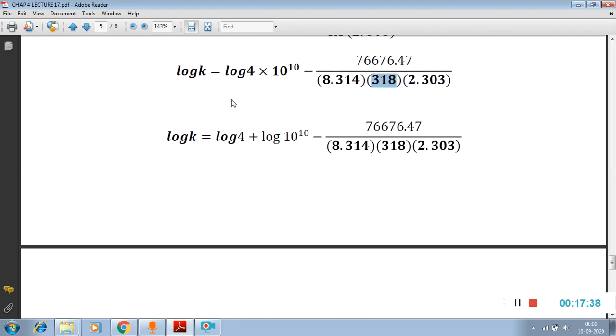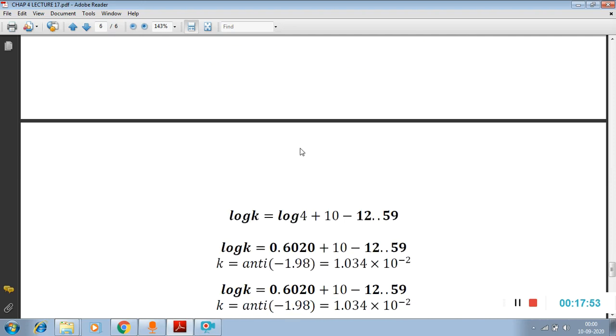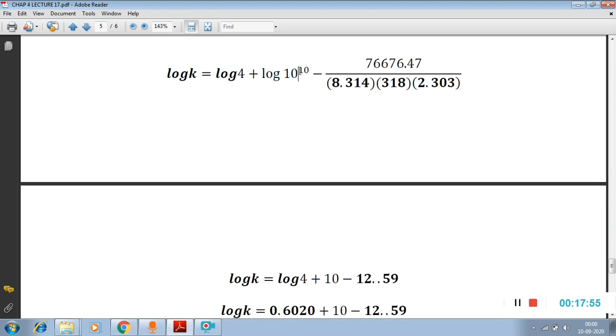Now here you can see in the logarithm two values are in multiplication, so we can write two different logs with a plus sign between them. So here I have written that. Now this 10 is in power, so that will be in multiplication here, and log 10 base 10 value, that is 1.